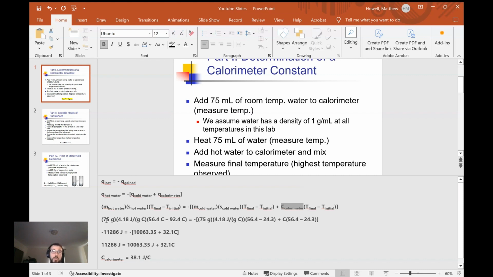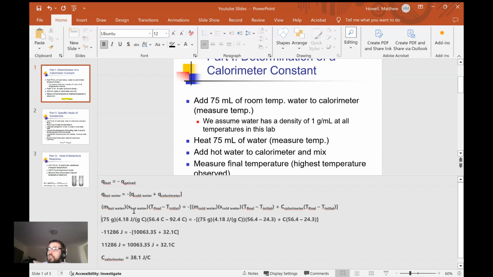necessary. And so if I replace the masses that we used, recalling that we assumed the density was 1 gram per mil, so 75 mils, we just call that 75 grams for both the hot water and the cold water. The specific heat of water, it's really at 25 degrees Celsius and I think 1 atmosphere of pressure.